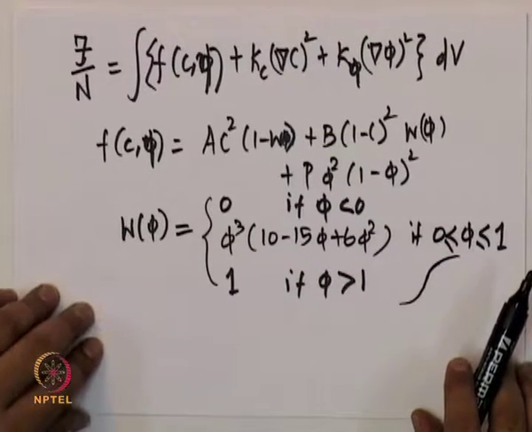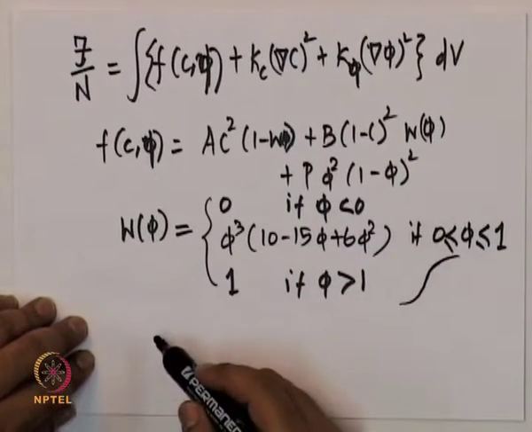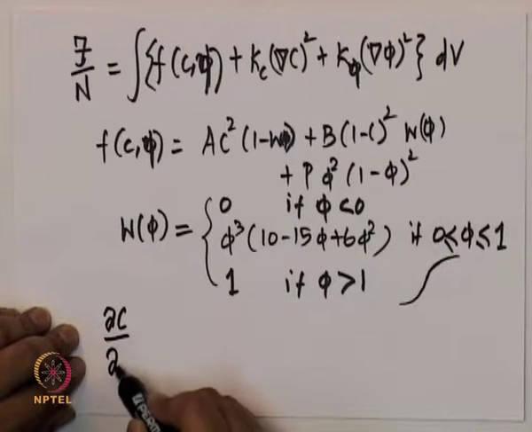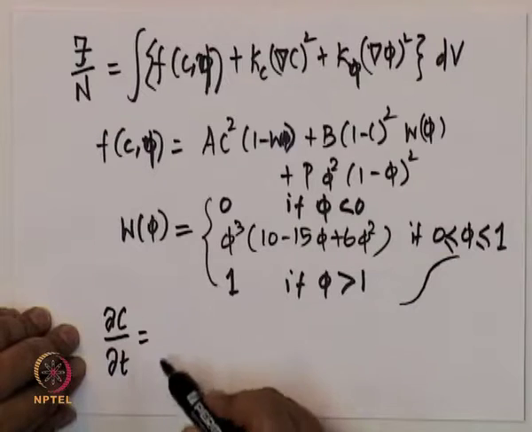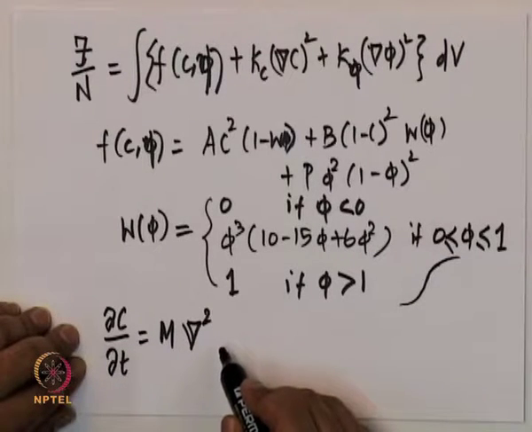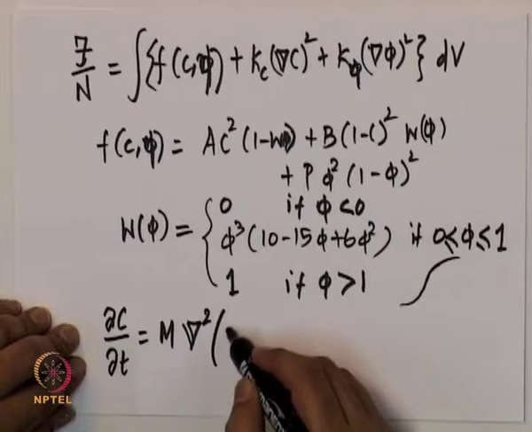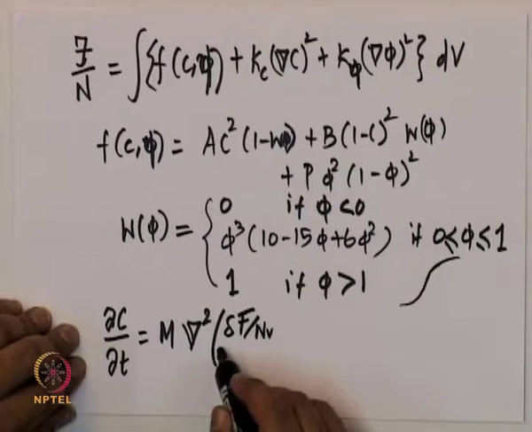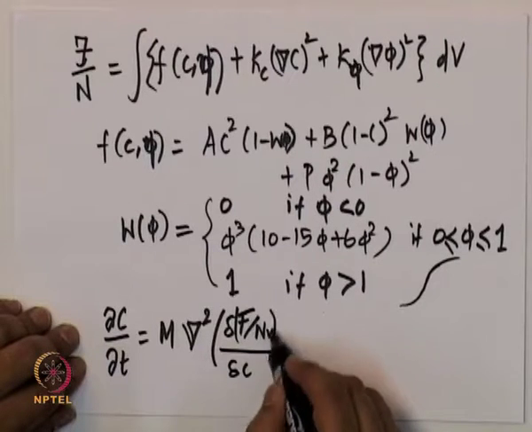So what is the evolution equation? So we need to define it. The Cahn-Hilliard equation of course is going to be m del squared acting on the del f by nv by del c.